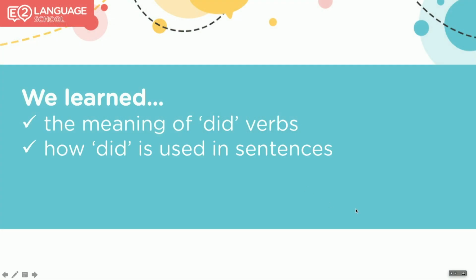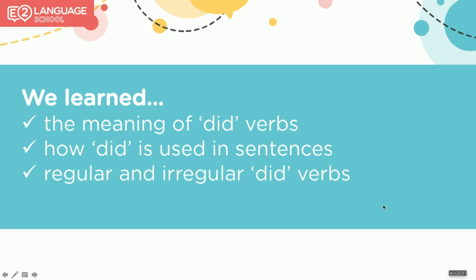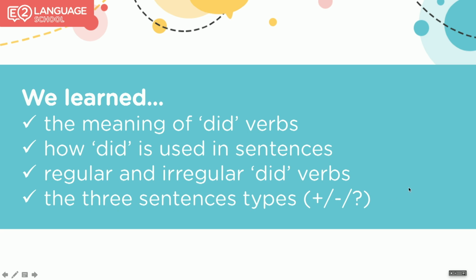We also learned how to use did in a sentence with the subject, the verb, and the object, and how to change the do to a did verb by adding ed. But we also learned about irregular did verbs, particular verbs that have no pattern and no ed ending, and you have to change them completely. And lastly, we looked at the three sentence types, the positive, the negative with a not, and the question sentence type.